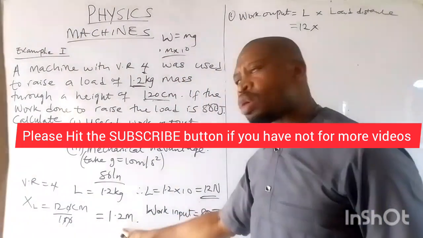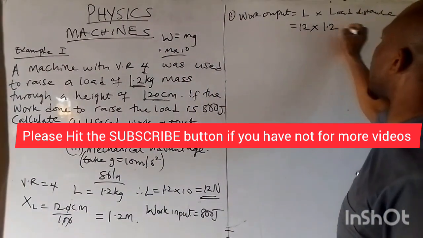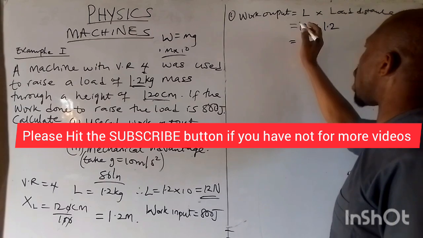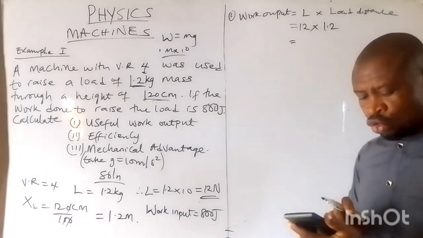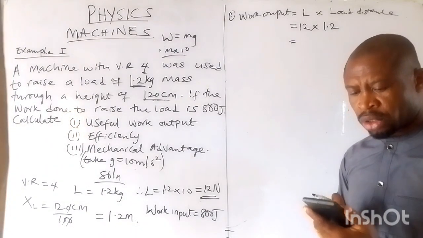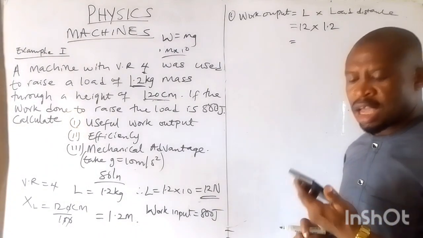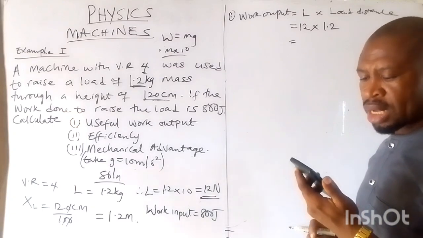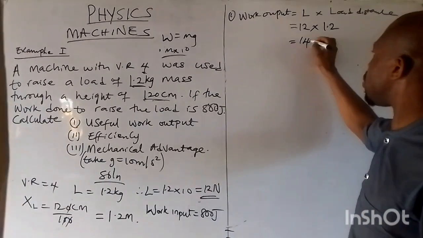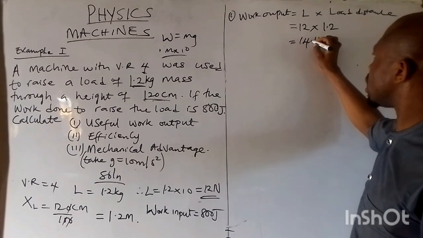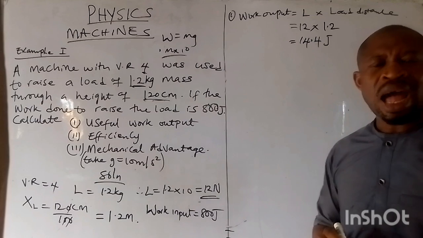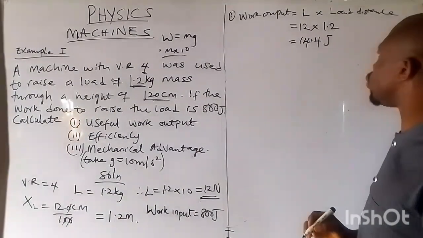At the end of the day, it gave us 1.2. So 12 times 1.2. Therefore, the work output, if you press the calculator there, 12 times 1.2 will give us 14.4 joules. That is the work output, 14.4 joules.